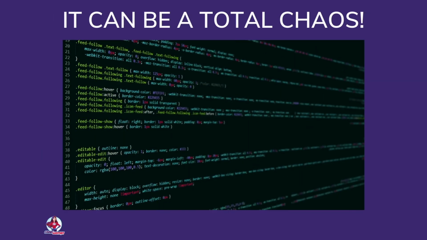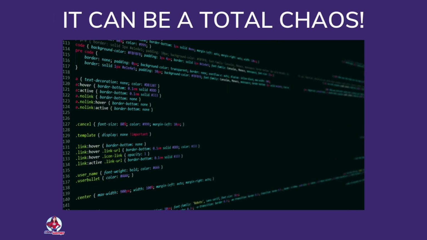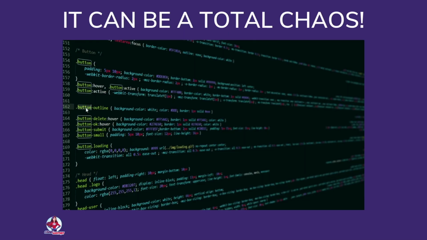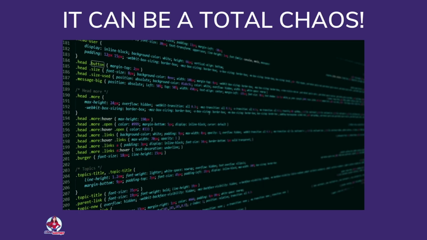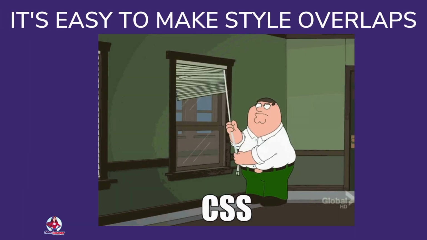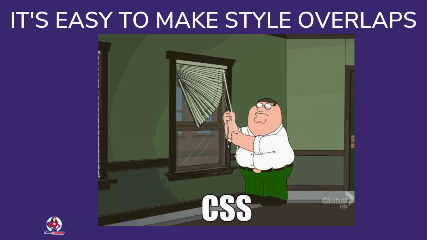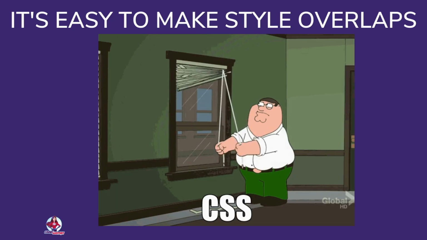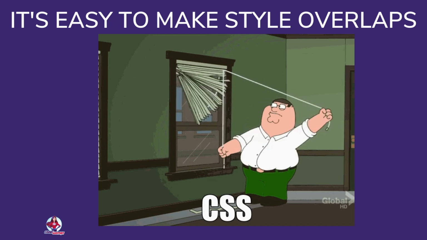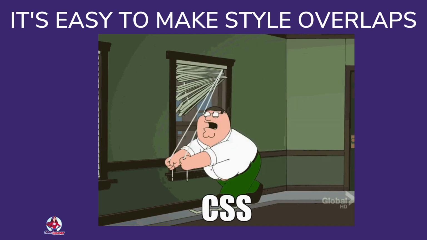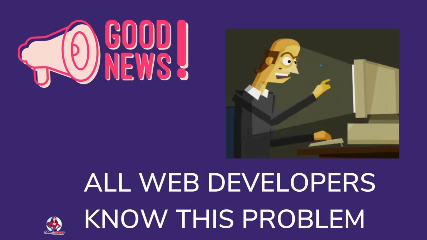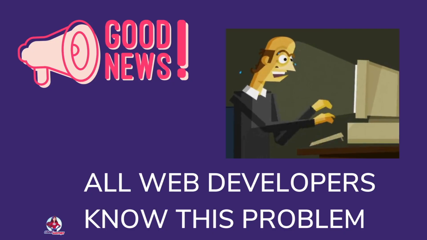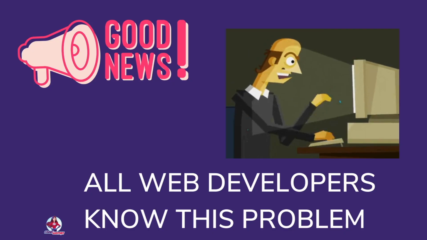Suddenly, you find yourself drowning in a sea of class names, struggling to remember what each class or ID does, or facing situations where different class names affect the same elements unintentionally. Like you're styling one part of the web page and oops, you've just changed the styles of a totally different part. The good news is, we are not the first to have this problem. All web developers know this mess.